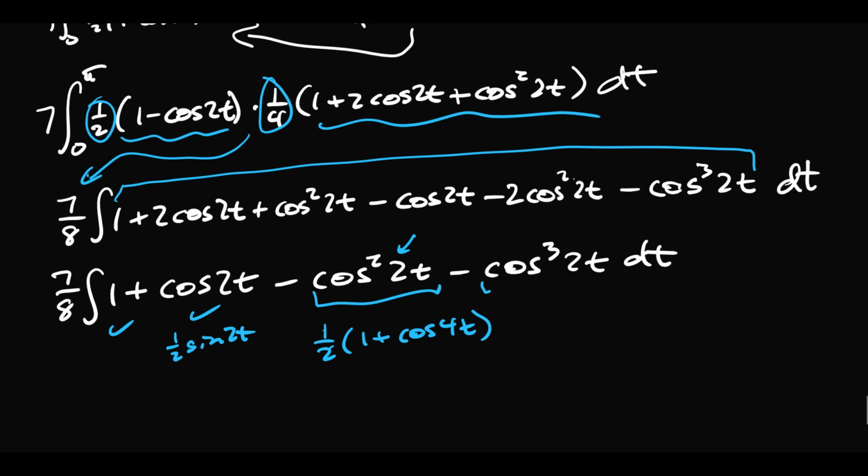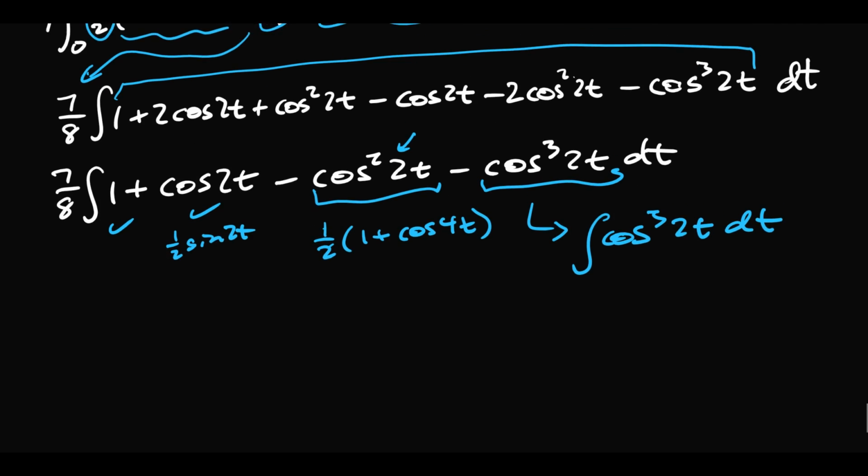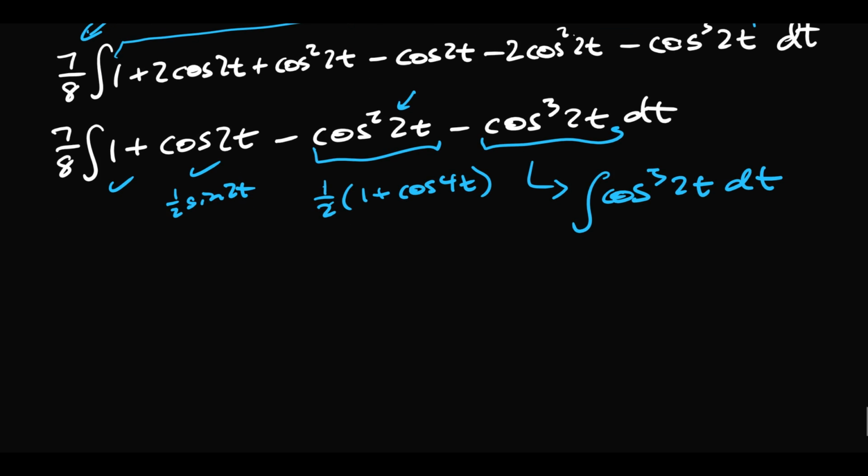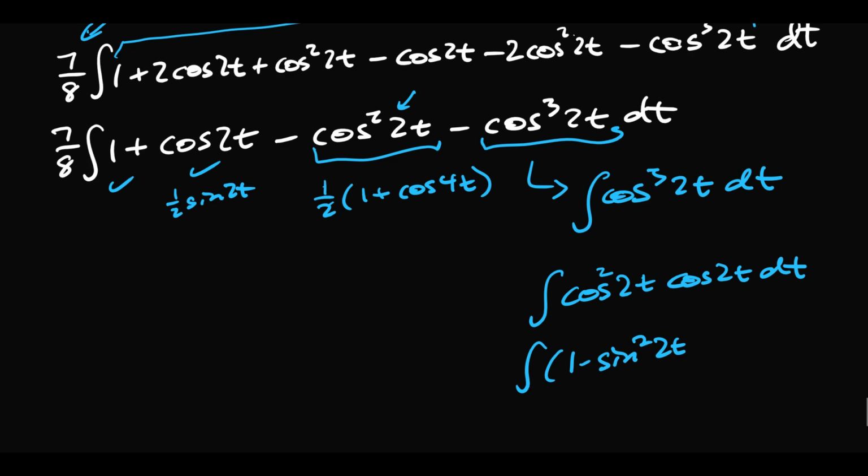Now, this integral here goes back to the previous stuff: cosine cubed of 2t dt. You're going to make this cosine squared of 2t times cosine of 2t dt, and now you'll make that cosine squared into 1 minus sine squared of 2t, and then cosine of 2t dt.